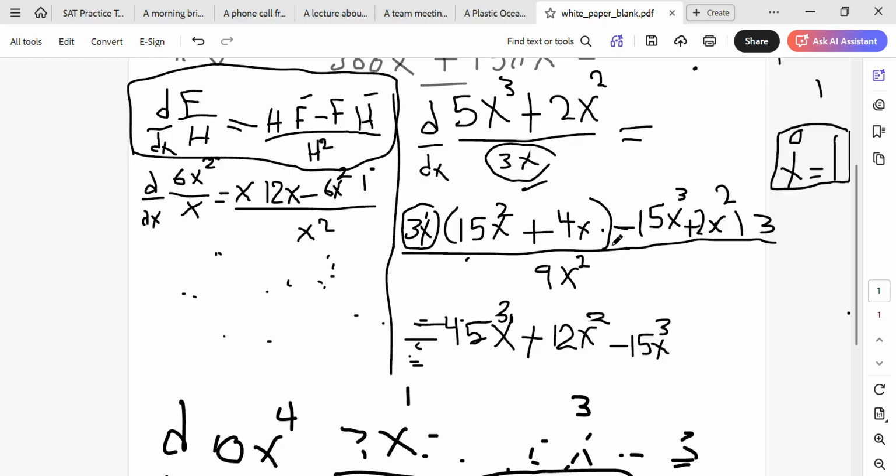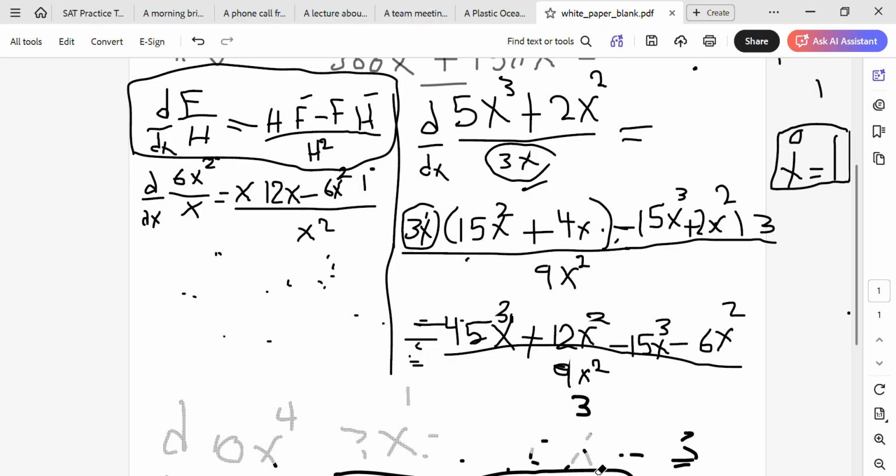Remember the minus for all the parts: minus times positive will be minus, 3 times 2 is 6x raised to the power 2, all divided by 9x squared. So that will be the answer.